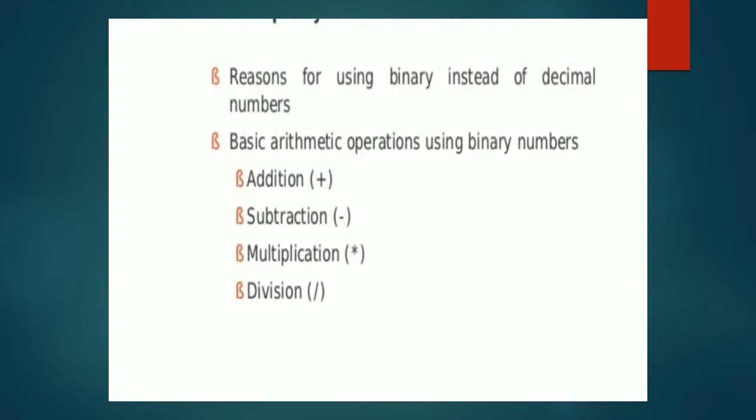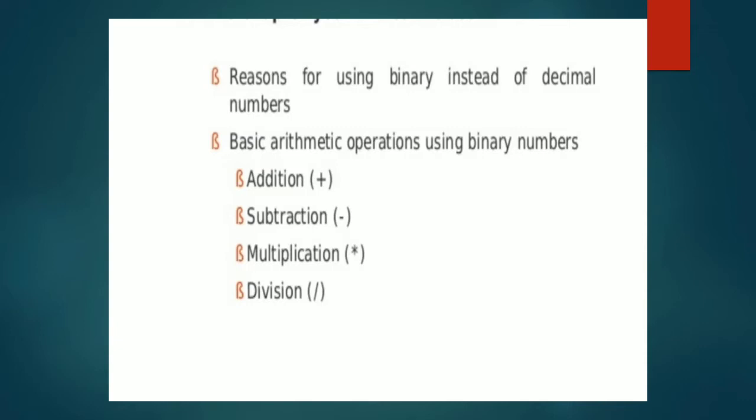Today our topic is binary arithmetic. Before starting the class, we learn why we are using binary arithmetic. Binary arithmetic is an important part of all digital computers and many other digital systems. Arithmetic means operations with operands like plus, minus, multiply and divide.